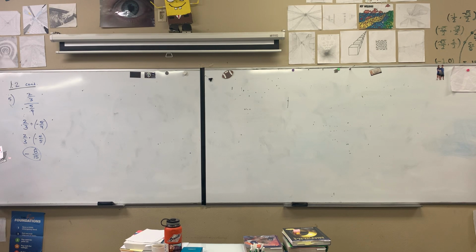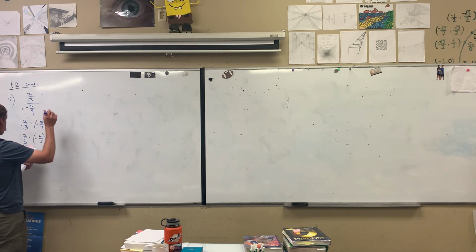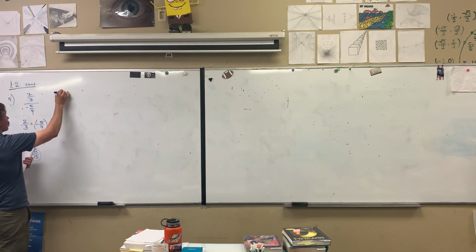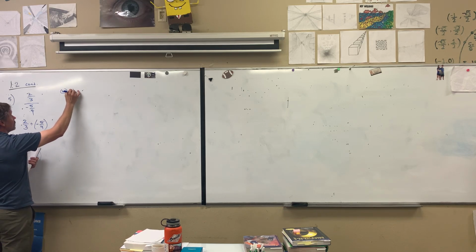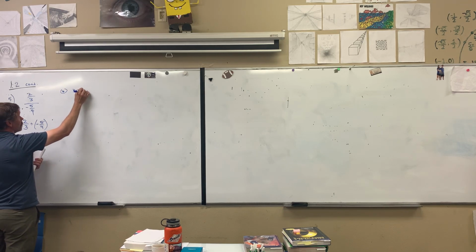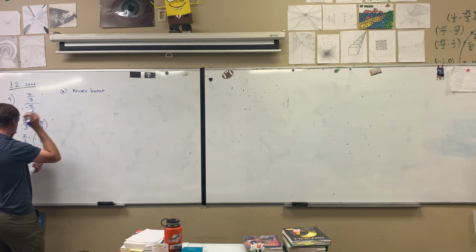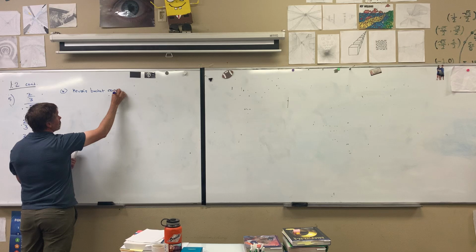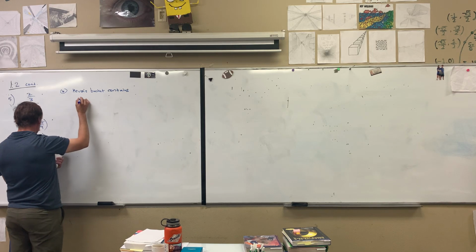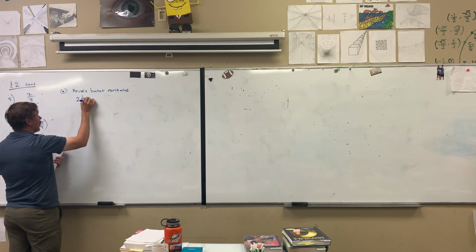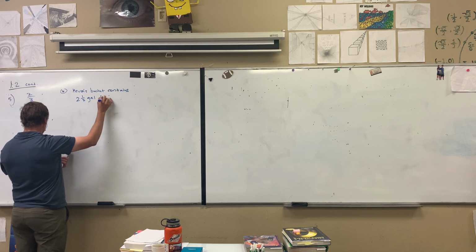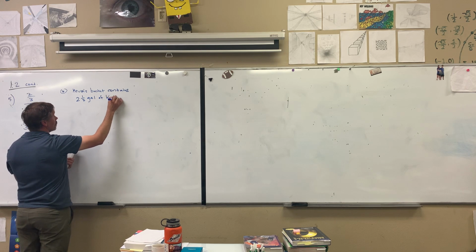Let's do this one. We'll call this number 6. Kevin's bucket contains 2.5 gallons of water.